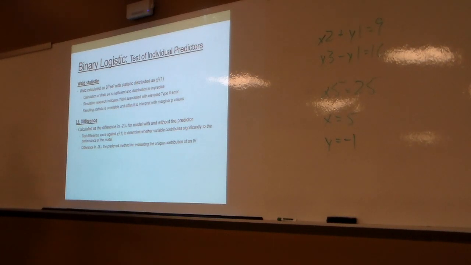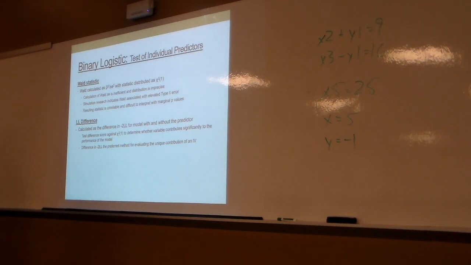Then we take the difference of the negative 2 log likelihood from the full model and the restricted model, and test that against a chi-square distribution with 1 degree of freedom. If that chi-square change statistic is statistically significant, then it tells us that individual predictor provides a unique contribution to the overall fit of that model.